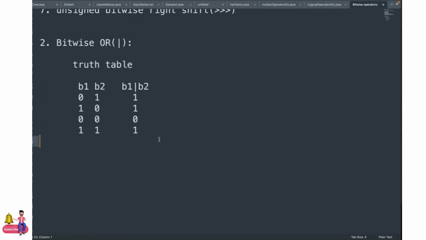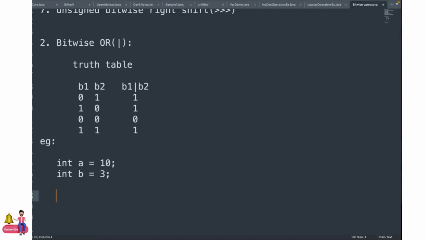Now let's take numbers and try to perform this operation. Let me put an example: int a is equal to 10 and int b is equal to 3.